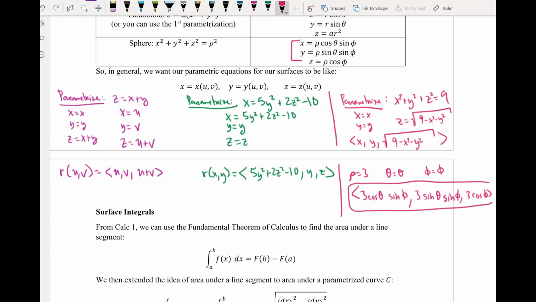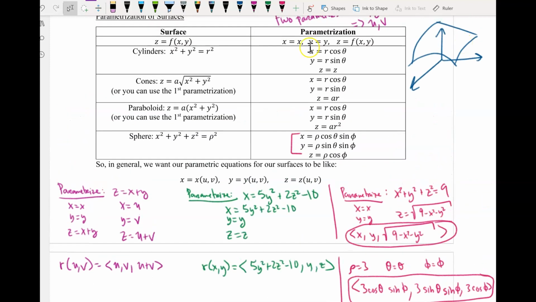And this might actually be a little bit better than this guy because this one is a lot easier to work with. So there's not one unique parametrization. If you ever are lost, you can always just use the very first one, but the other ones are also good as well. Notice that for this green one, I could have easily just used the paraboloid one, or I could have used the first parametrization.